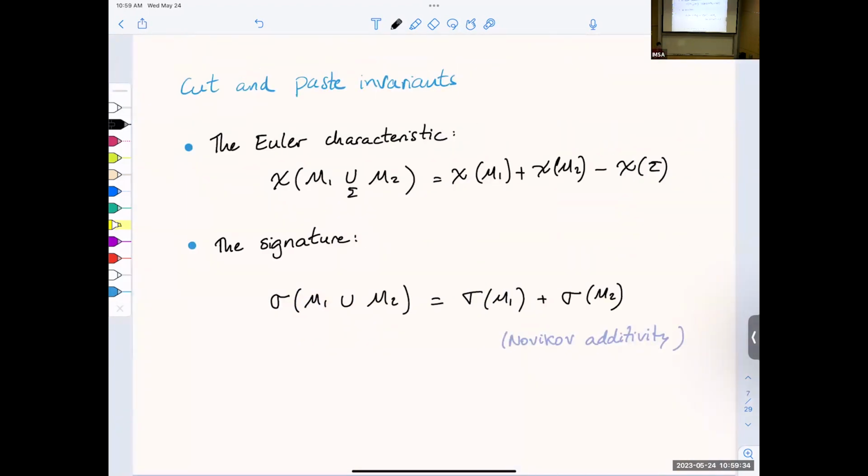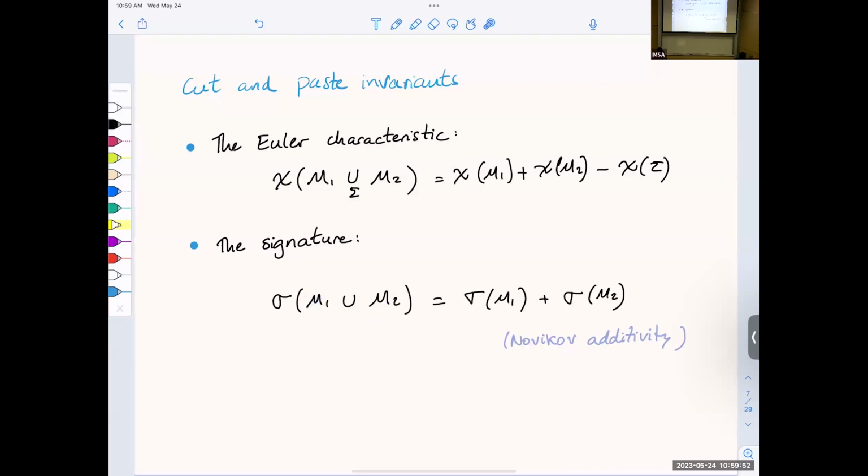Okay, so how about cut and paste invariants in this classical setting? The Euler characteristic is one of our cut and paste invariants. The signature of a manifold is also a cut and paste invariant. So the signature of the glued manifold can be decomposed into the sum of the signatures of the pieces. And because of the theorem of Novikov additivity, we know that this is going to be just the sum, independently of whatever gluing map you decided to have there.